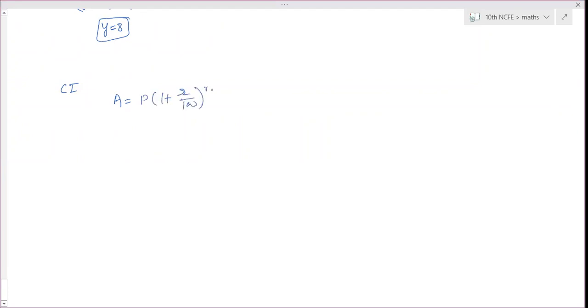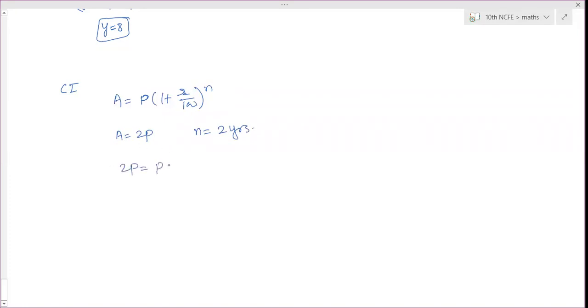Ma'am, P bracket 1 plus R by 100 to the power N. Now here the initial value we consider as the principal P, and the increasing percentage is X%, and it is known that output is doubled in 2 years. So A is 2P, amount is doubled, and the time is 2 years.